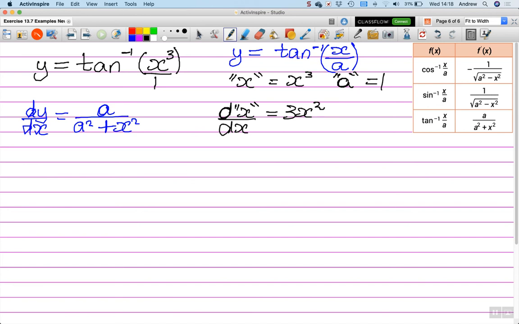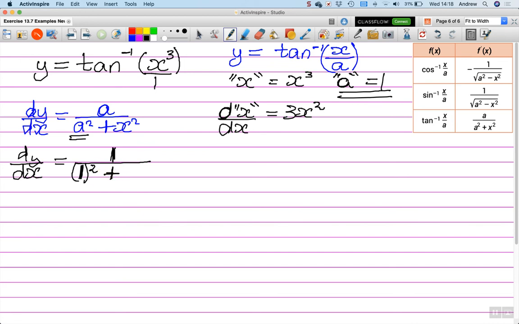So now, what do we know about the value of a? Well, we know that the value of a is equal to 1. So that's 1 on top. We know the value of a is equal to 1, and 1 squared is what we have there.